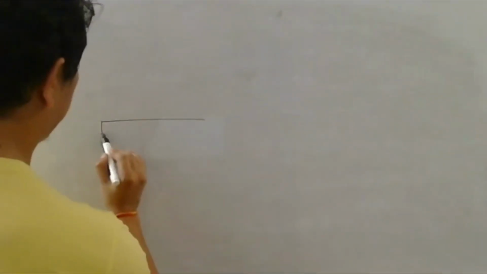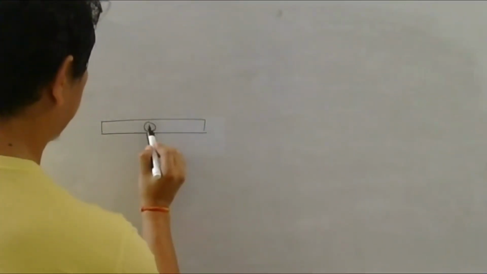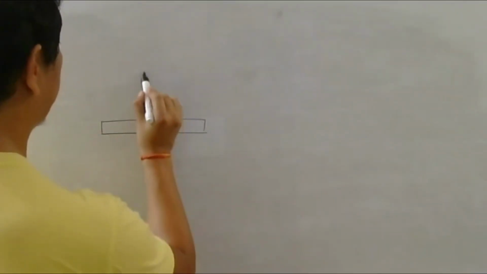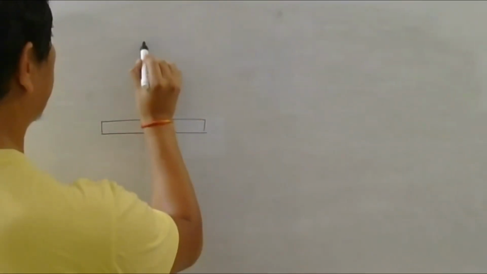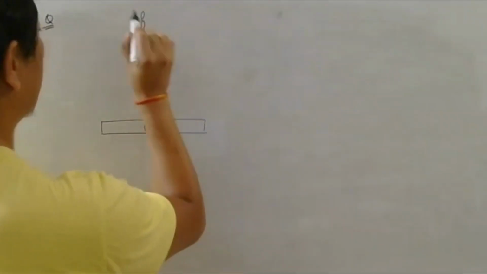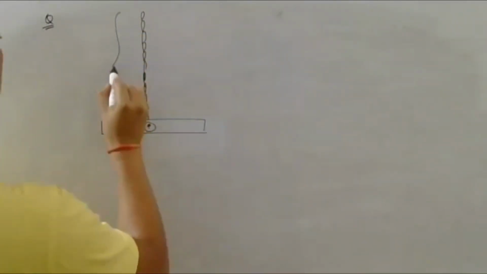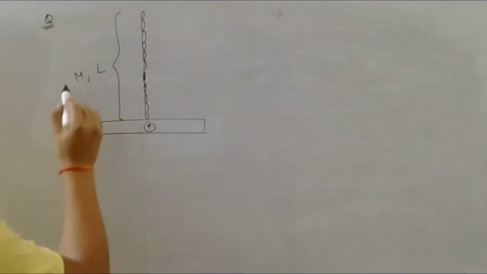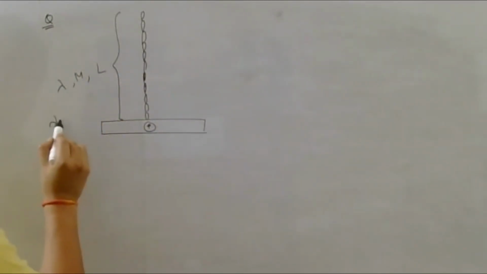Okay, right, next. So here what is happening is, on a weighing scale, we are going to drop a chain. The chain has length L, mass M, and linear mass density lambda, which is uniform.